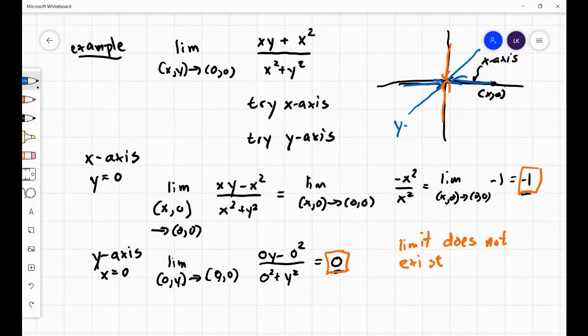So we can check along the line where y equals mx, and of course we're approaching the origin, so this is any line through the origin. Or equivalently, we could replace x with some slope times y. It doesn't matter which way you look at it.